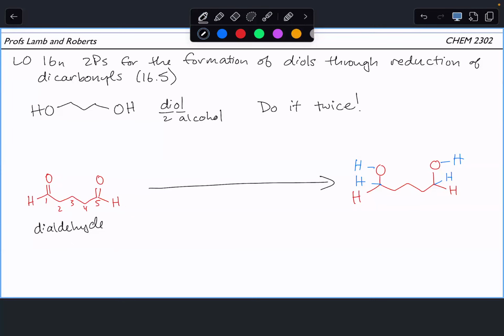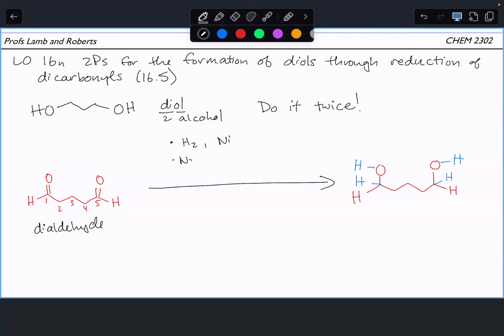So how have we learned to do this? You've learned you can use hydrogenation, so H2 plus a metal catalyst like nickel or palladium or platinum or ruthenium, right? Any of those metals will work. That would be one way to reduce two carbonyls down to a diol.